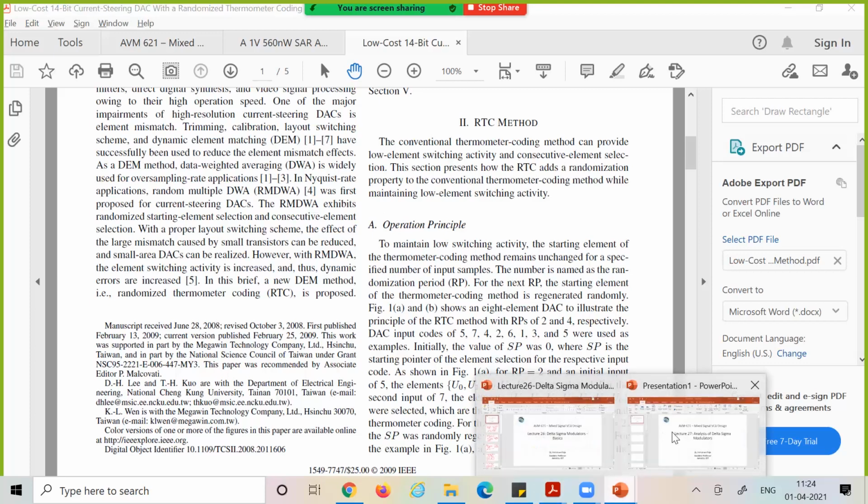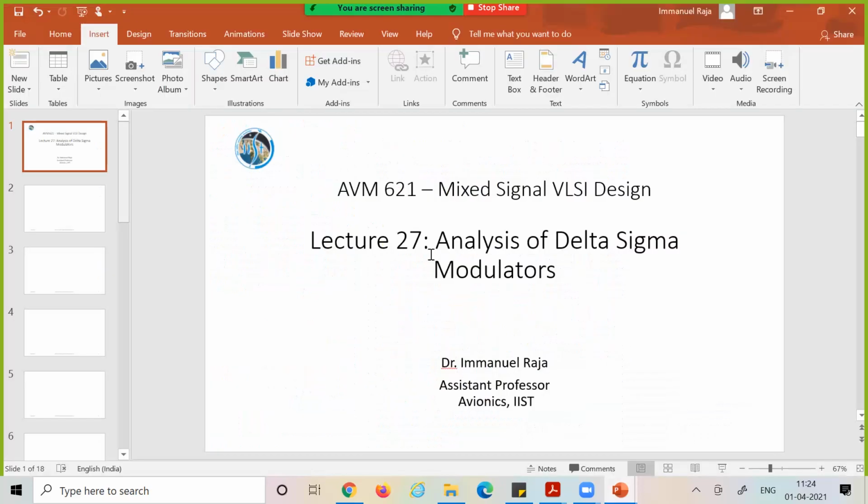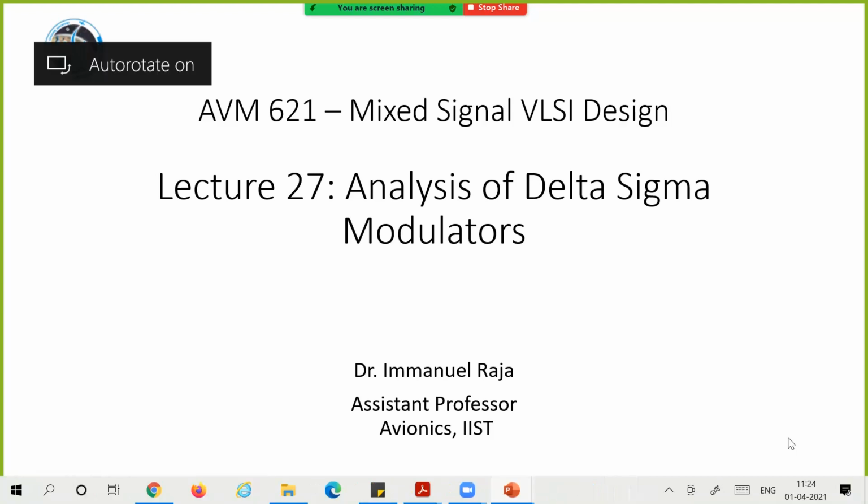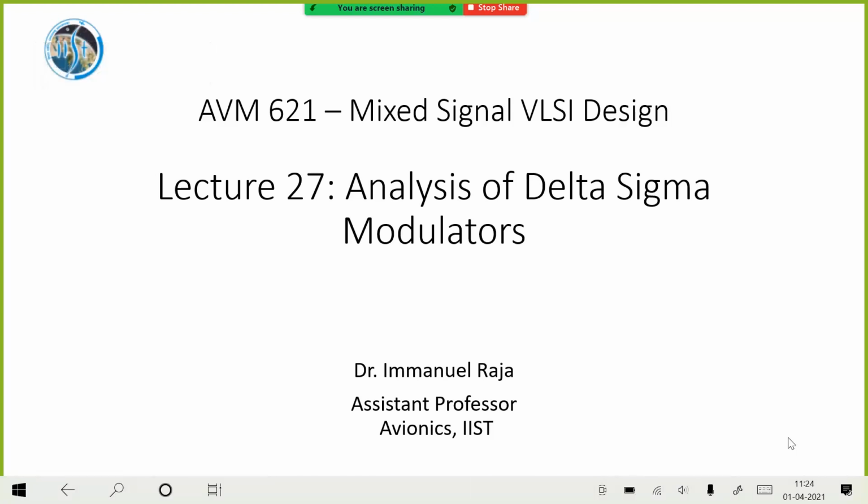All right. So I thought of covering some analysis of the delta sigma modulators today. But what we will do is, let's skip it, and let me cover the auto zeroing part, which I missed out earlier. Okay.